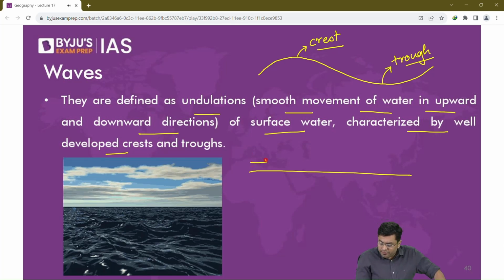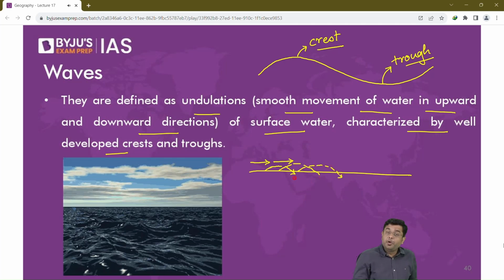Generally, over the sea surface, you have some kind of wind movement observed. The wind will try to pick up some amount of water. Many times it won't be able to carry it enough. So let's suppose this water is picked up, but after some time it is not able to be carried. It gets dropped here.